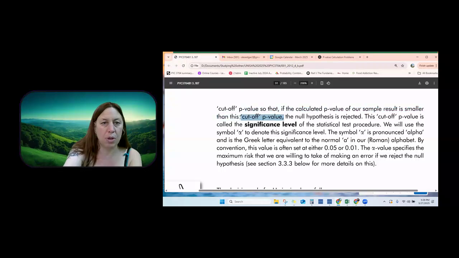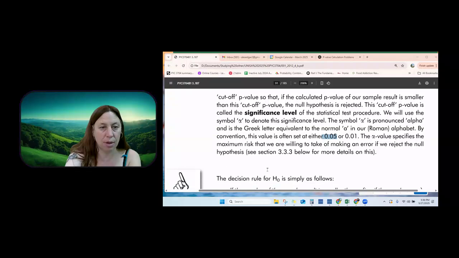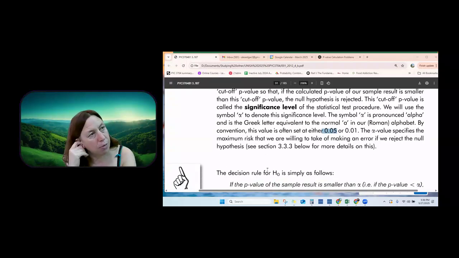So this is normally by convention 0.05, which is 5%, or 0.01, which is 1%. The alpha value specifies the maximum risk we are willing to take of making an error if we reject the null hypothesis. So it measures the risk we make of accidentally thinking that there is a significant result for our research when there isn't.